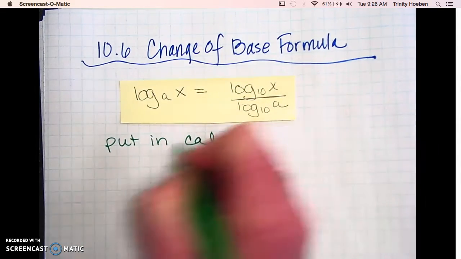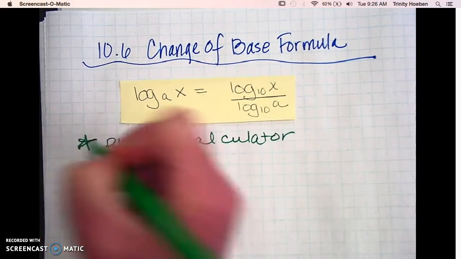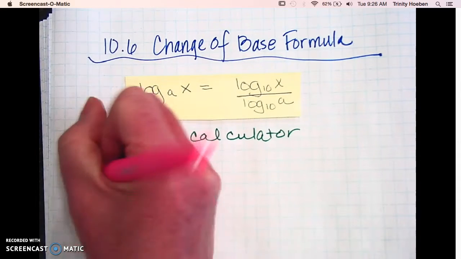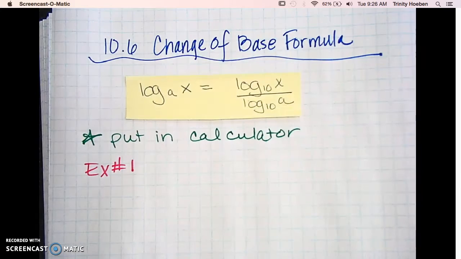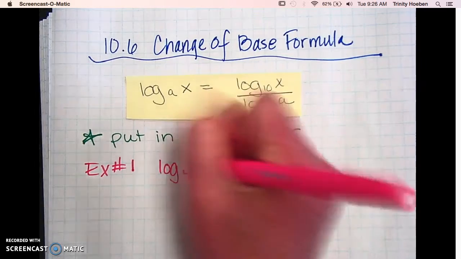And it will calculate an answer for you. So we're going to learn how to do that today. So the first example, number 1, we're going to take log base 4 of 7.